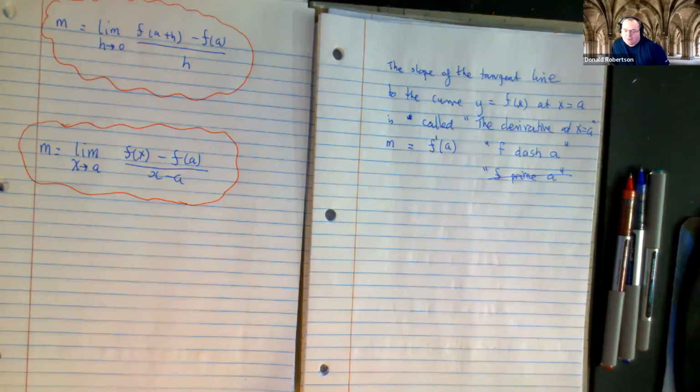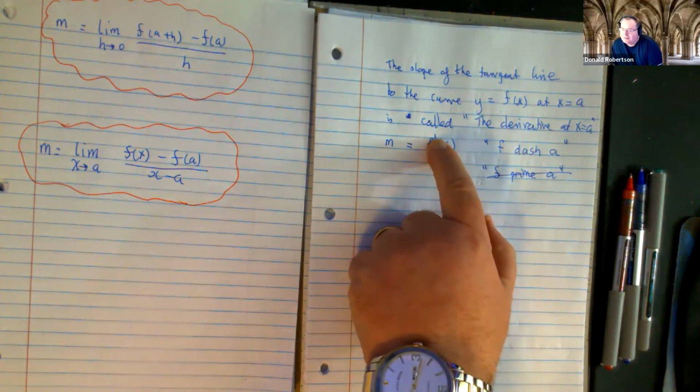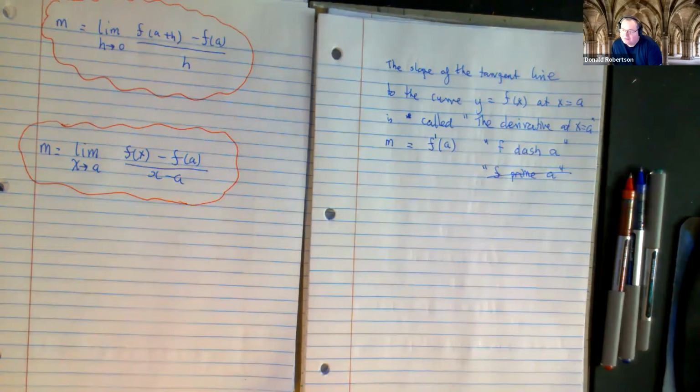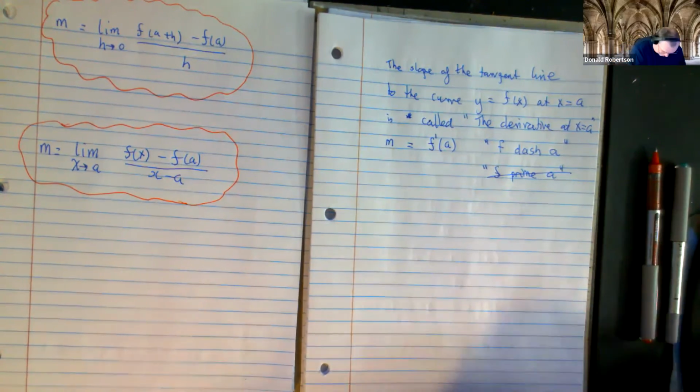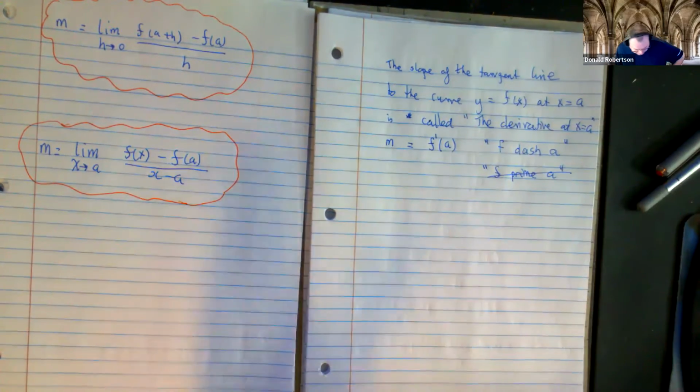Do you call that little funny tick mark prime? Is that what you normally call it? Anyway, you're going to call it f dash a from now on, just that way I'm using the same word you're using. Makes it easier to communicate. And that is what a derivative is: essentially the value of the slope of the tangent line at some given point a.